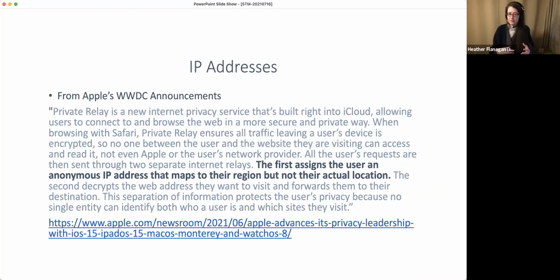It'll map to a region, but not their actual location. I think we have to do quite a bit of testing here, but I'm fairly certain this means that sites that depend on IP address authorization will find it no longer works as intended for subscribers of this service.